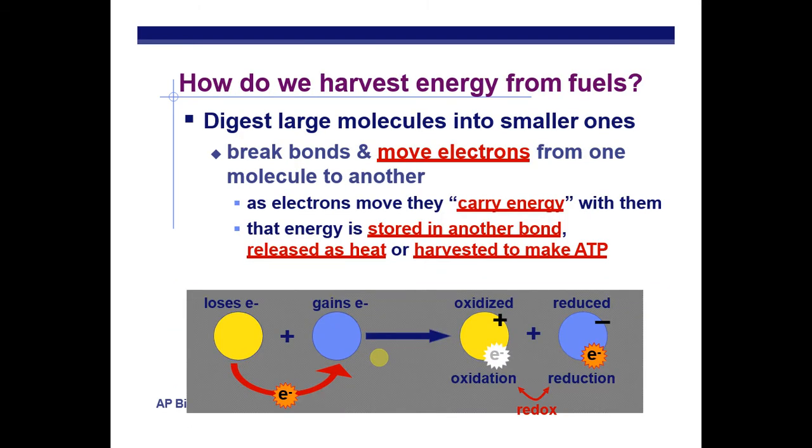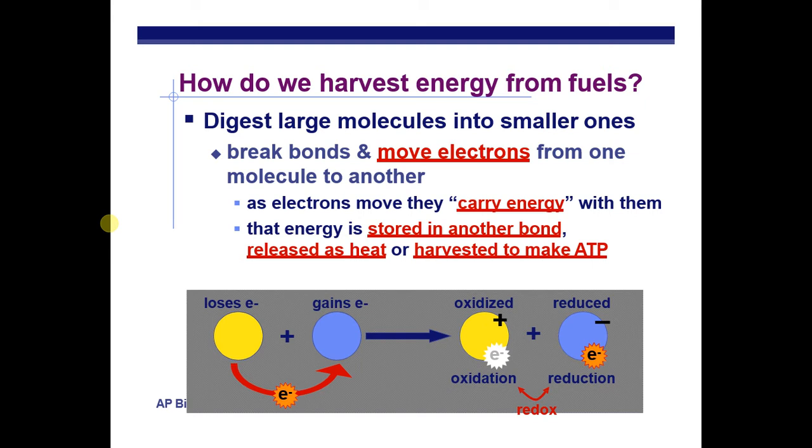So the question is, how do we specifically harvest the energy from fuels by breaking them down? How do we harness that and make sure it doesn't all just go into heat or wasted energy? When we digest or break down larger molecules into smaller ones through hydrolysis, we break bonds, and in breaking bonds we remove electrons from one molecule to another.